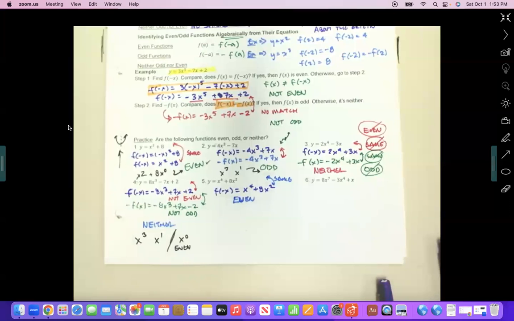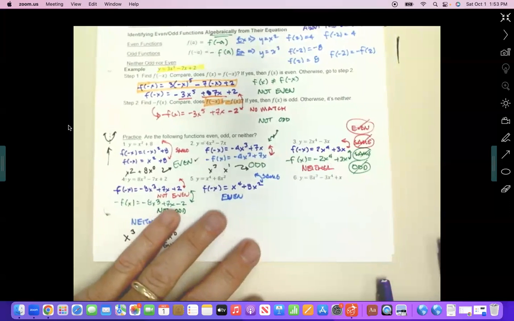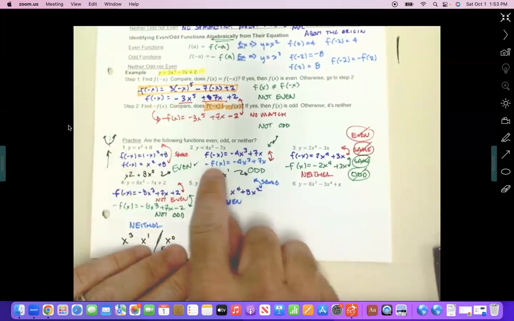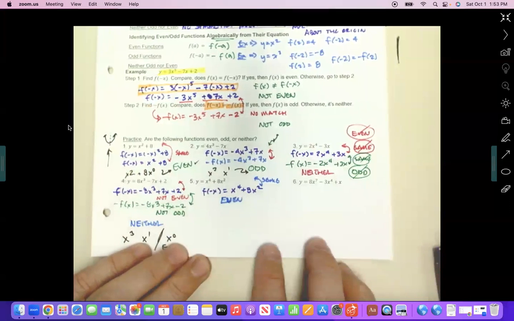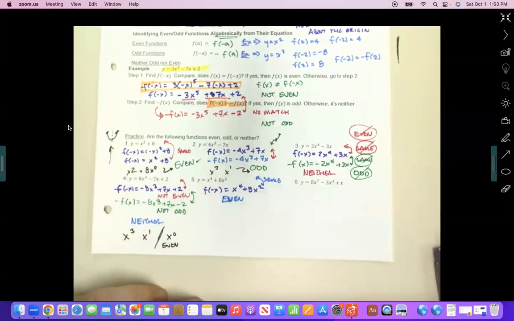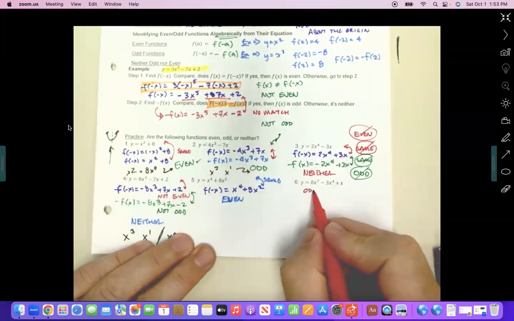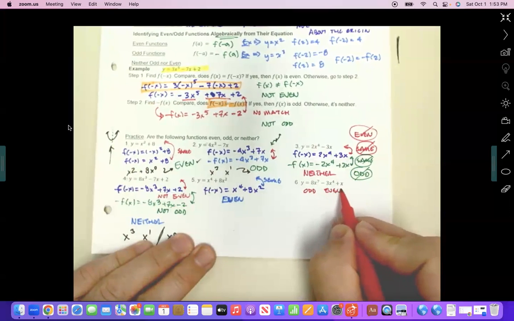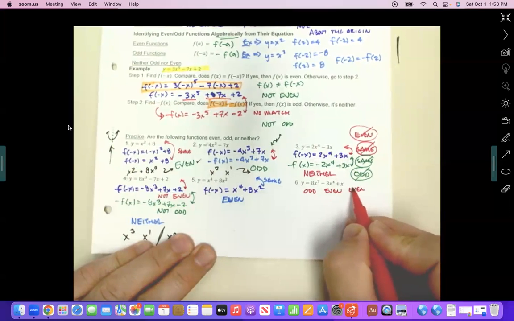Let's go ahead and look at our last one. And by now, you might get tired of doing all the ones algebraically. So let's go back to the easier method, and that's just to look at our exponents. You'll see that we have an odd exponent, even exponent, and even exponent.